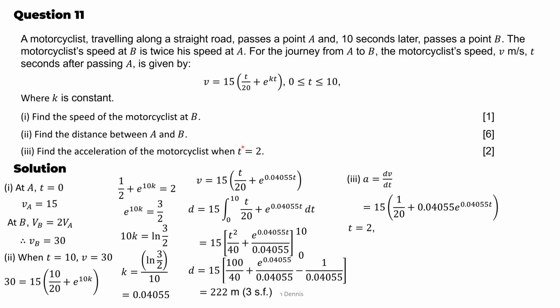So when t equals 2, as given by the question, we just substitute t as 2. The rest is just the same. We just copy down, then we just press calculator. We get the answer is 1.41 meters per second square, rounded to 3 significant figures.